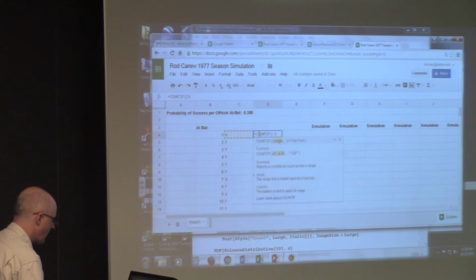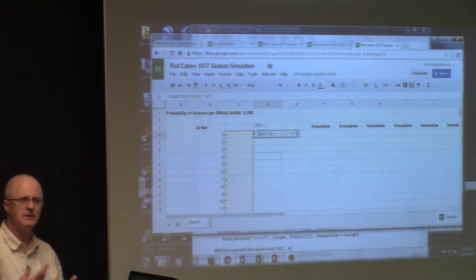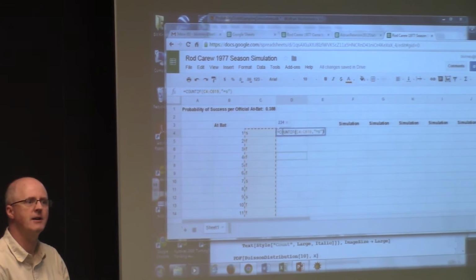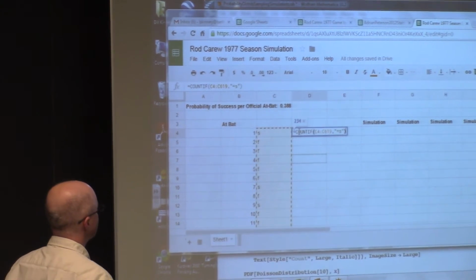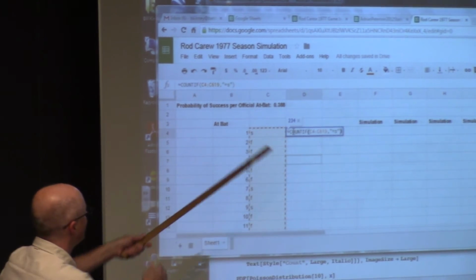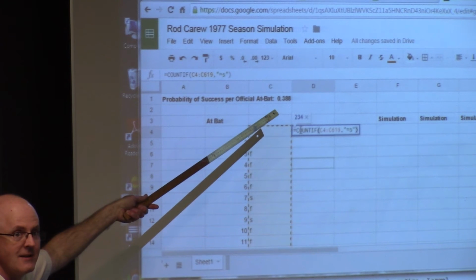COUNTIF C4 through C619. Count it if it's equal to S. Before, when I used COUNTIFs, I've been counting cumulative things, so this is a little different use of COUNTIF. I'm going to look through the S's and F's, and count how many of them are S's. And actually, with what's in there right now, it's 234 of them. Almost 239.